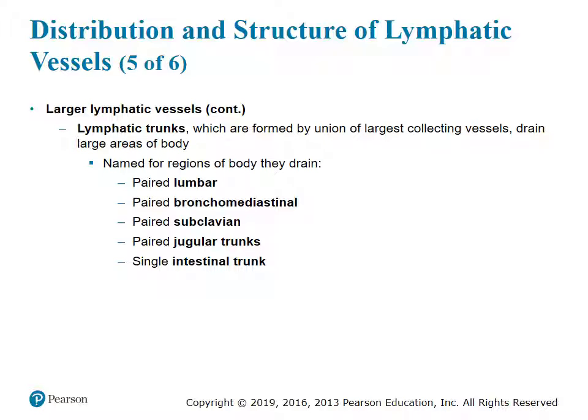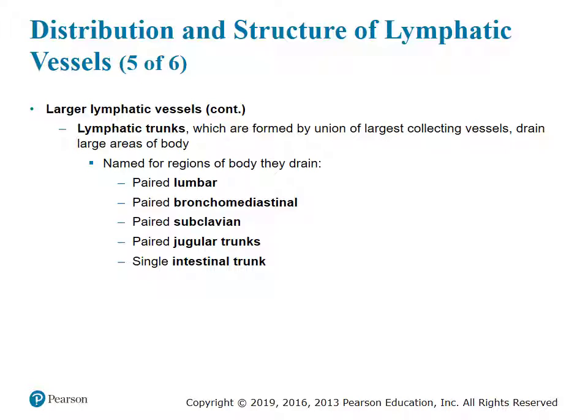Larger lymphatic vessels, called lymphatic trunks, is where we actually start to collect all these vessels. These vessels start to migrate and become bigger vessels, and the bigger vessels become trunks. And trunks are named for the area or the region they're located in. So there's several trunks there.